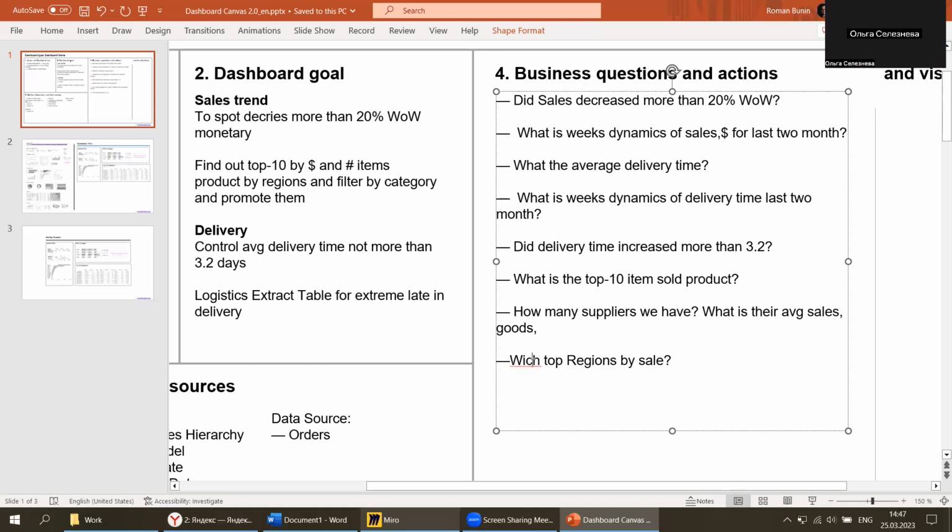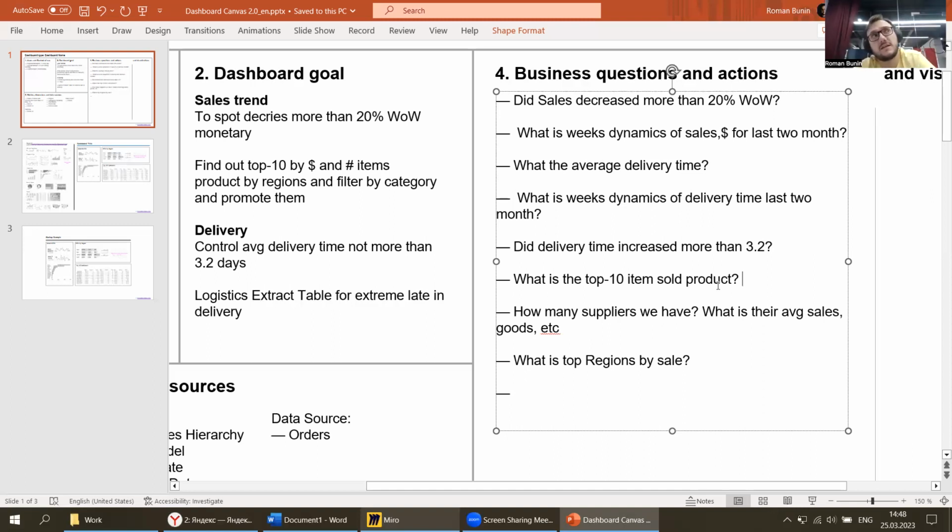Maybe we can also add something related to the question, what are the top 10 items sold, by what? By price, by number of customers? Sorry, could you repeat? For instance, adding by price, by number of customers, something like that.